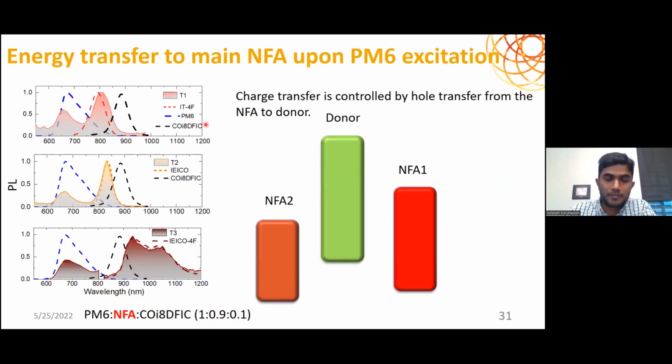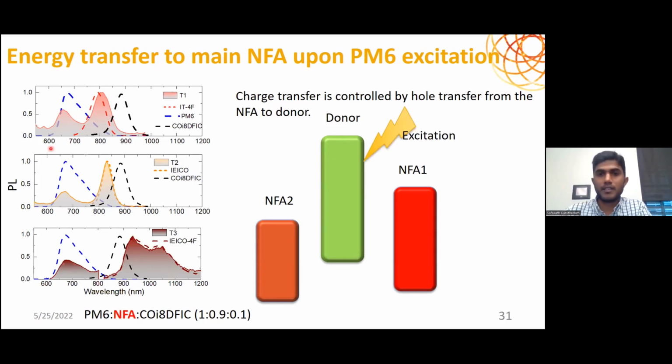As I said before, the energy transfer is very efficient in the system as well. This is the probe. As you can see, the steady state PL spectra itself shows the ternary material has an emission peak here, which is the emission of the acceptor when you excite the donor. Donor emission is somewhere here, but you will see the emission from the acceptor in all three cases, which means that energy transfer is high in the system as well.